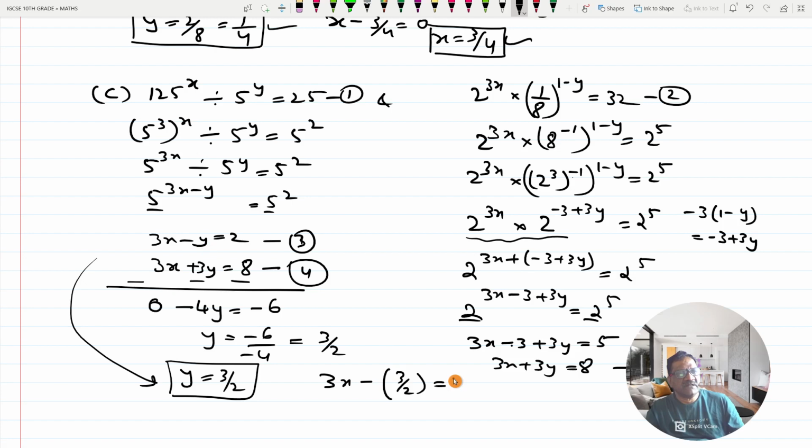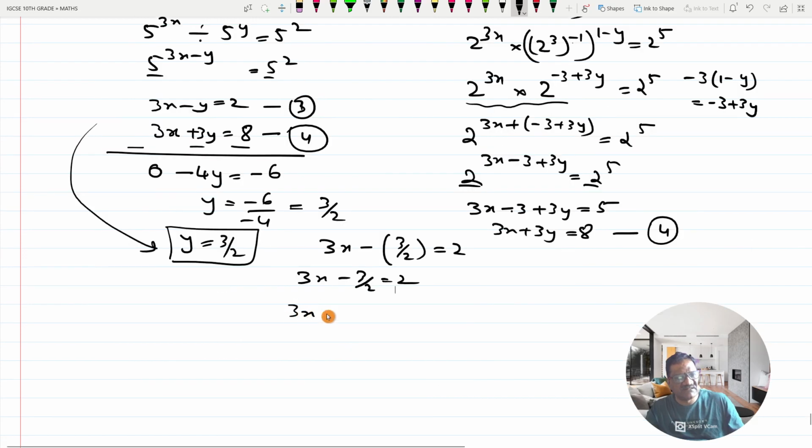So 3x minus 3 by 2 is equal to 2. So 3x will be equal to 2 plus 3 by 2. So 3x will be equal to 4 plus 3 is 7 upon 2. So x will be equal to 7 upon 6.